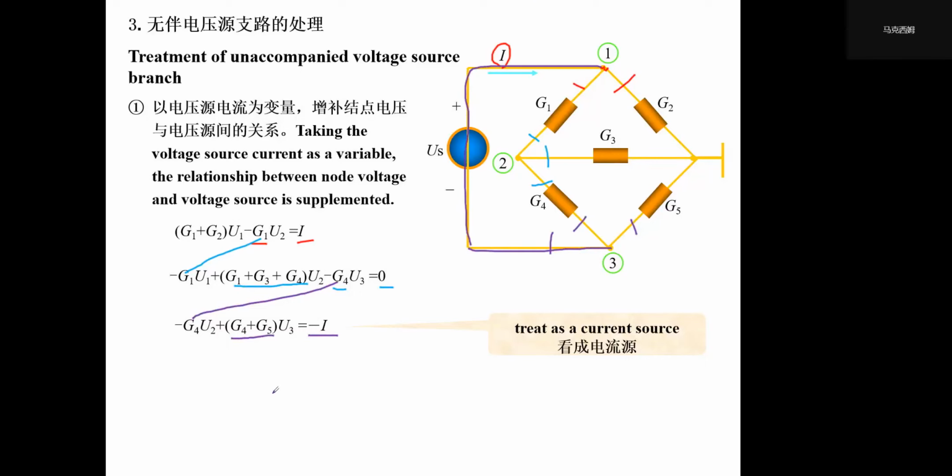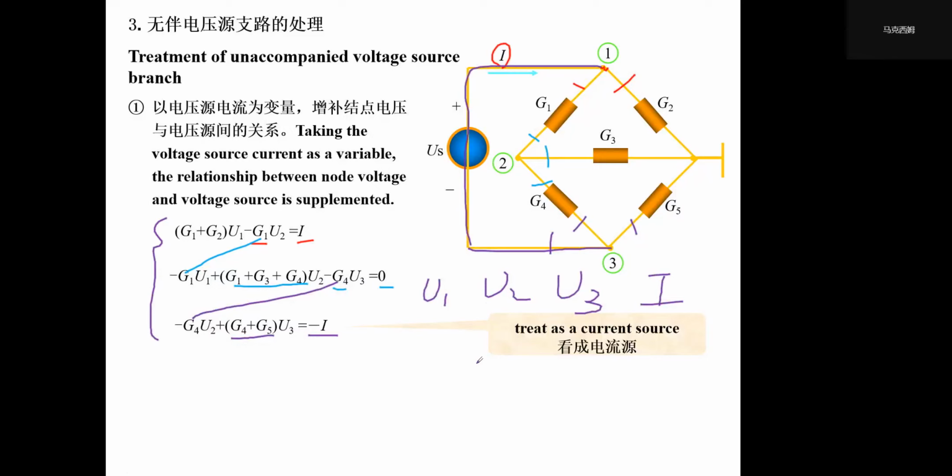So this time we have unknown variables U1, U2, and U3, and also an unknown current I. So we have 4 unknown variables with 3 equations, so we cannot solve it. We must think of some other tricks, right?